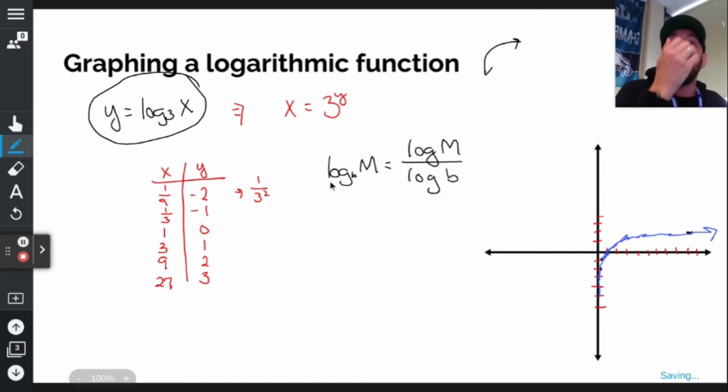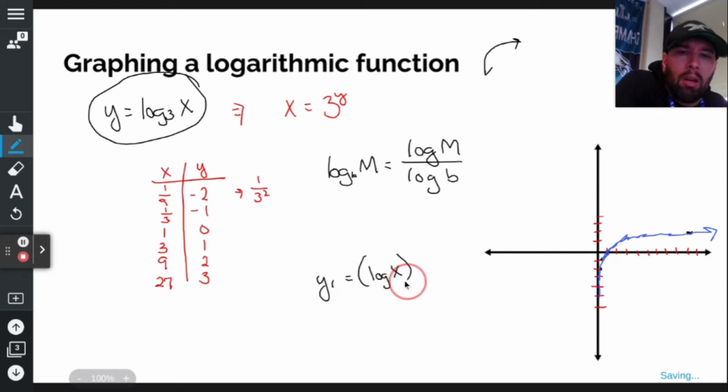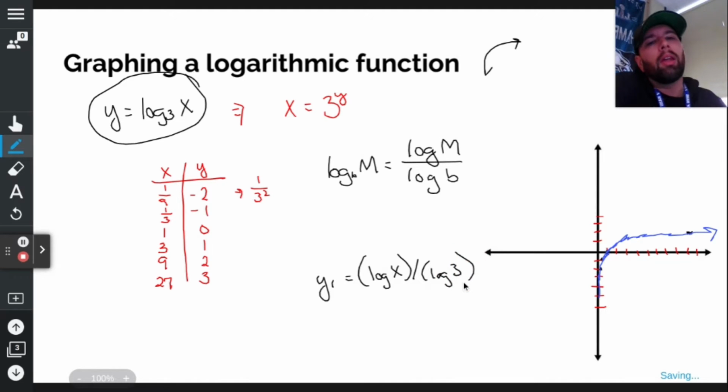So if you had a graphing calculator and were allowed to use it, you would go to the y equals screen and type, maybe using parentheses because I'm paranoid, log of x divided by log of 3. And that'll do it for you. It'll look like that, just without gross looking lines, because that's what I do, unfortunately.